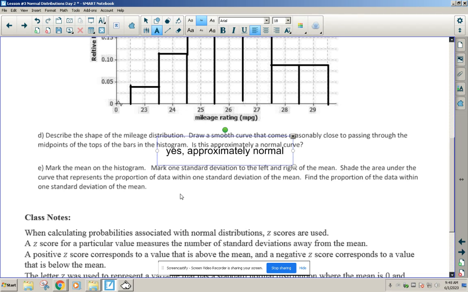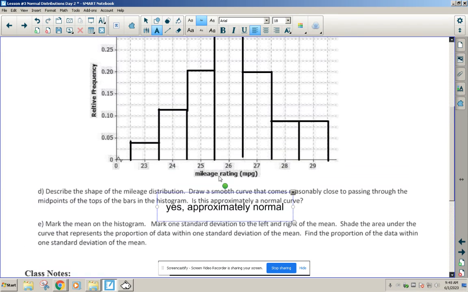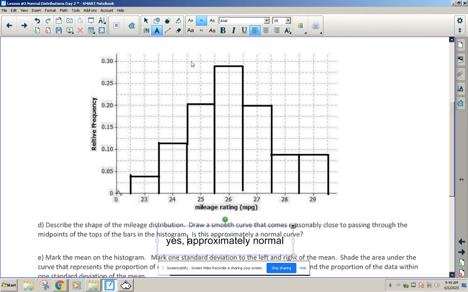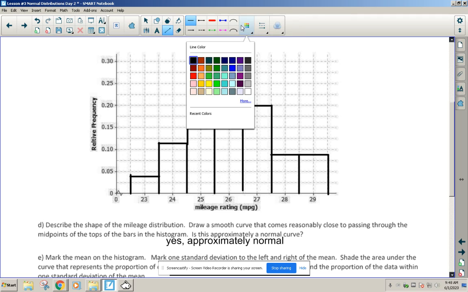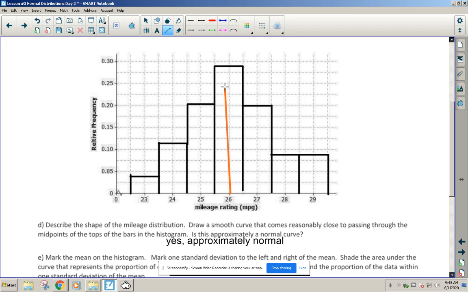Mark the histogram with the mean and the standard deviation. So again, when you did this, you found that you had a mean of 26.04. So let me just get a different color bar here. Let me make my bar orange, I like. All right, so 26.04, so roughly here is my mean.